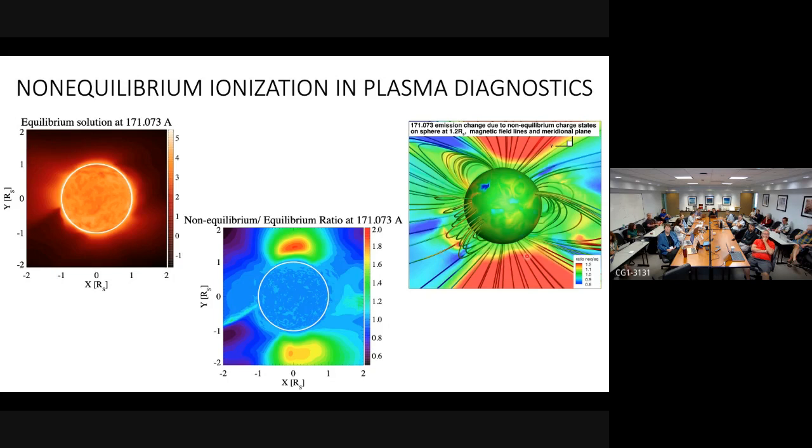You can also decompose this emission change on this figure, between red is 1.2 and blue is 0.8. I show how considering non-equilibrium charge states changes the emission relative to the equilibrium solution in a meridional plane, on a 0.2 solar radii sphere around the solar body, and also on selected field lines.